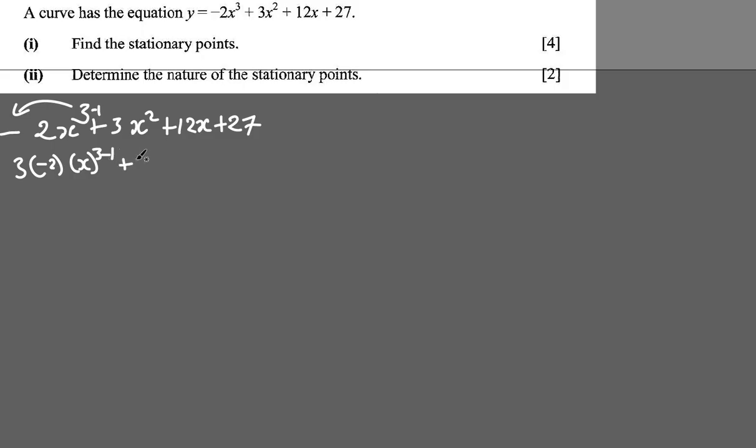Then we get plus the 2, which will multiply with the 3, and this becomes x to the power 2 minus 1, plus. Now this 12x, whenever something is like this, it means it is powered to 1.